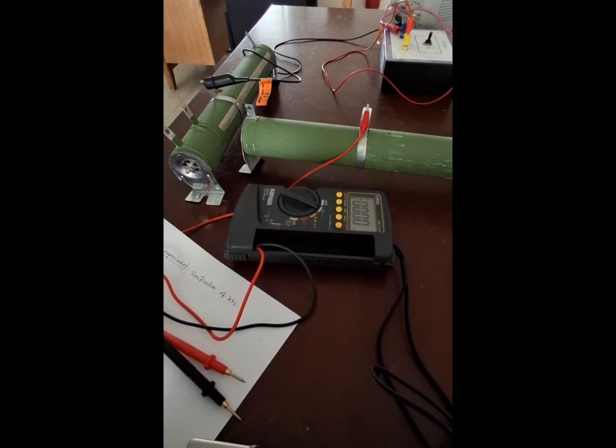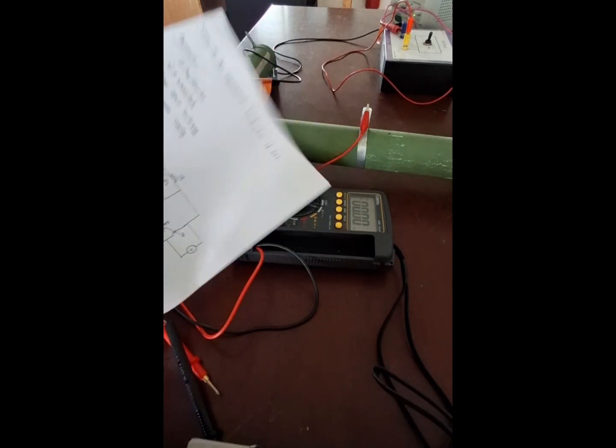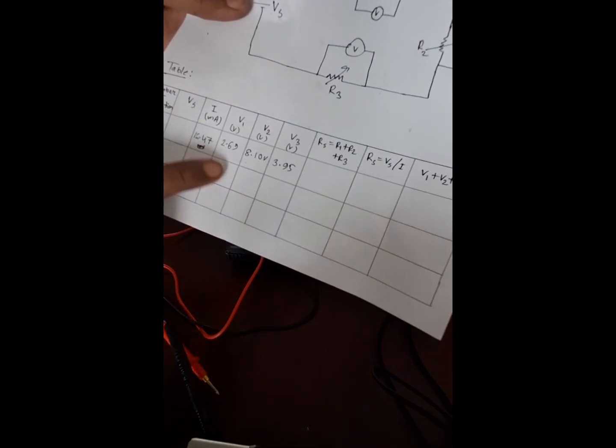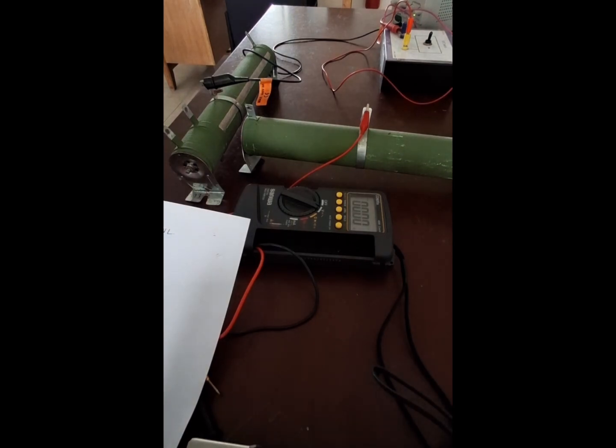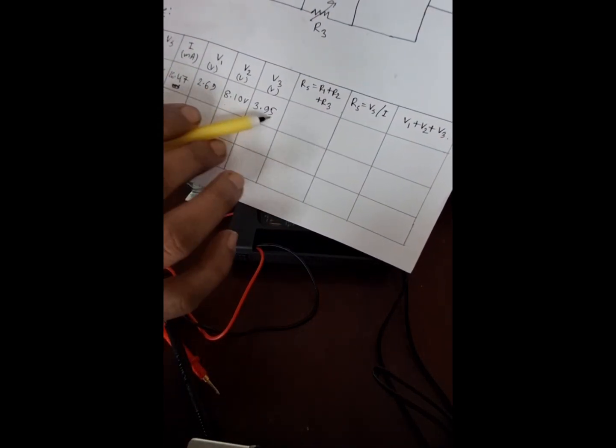If we sum up these three voltages across the three rheostats, we check if the voltage source we have supplied here is 15 volts, and the sum of these three voltages is 15 volts.